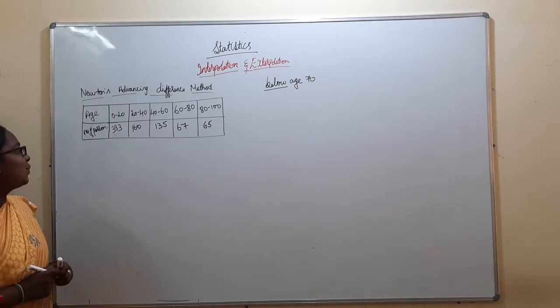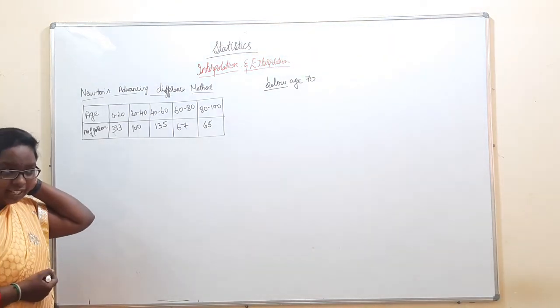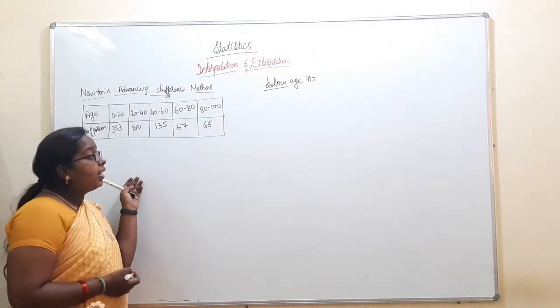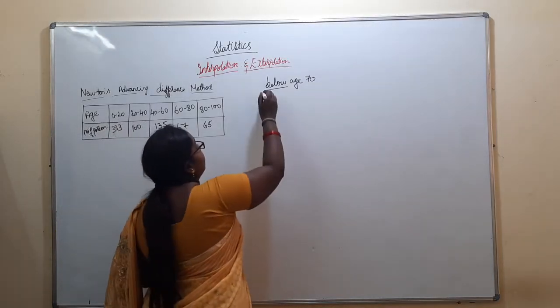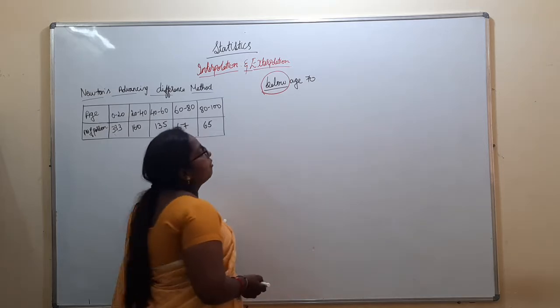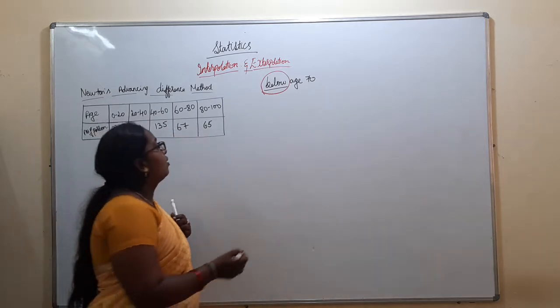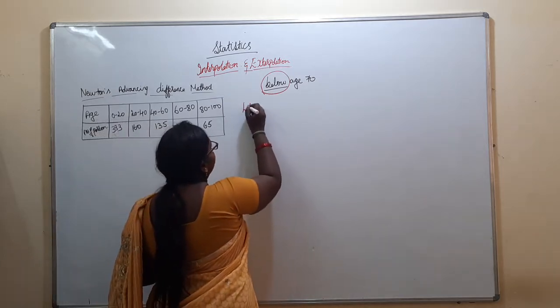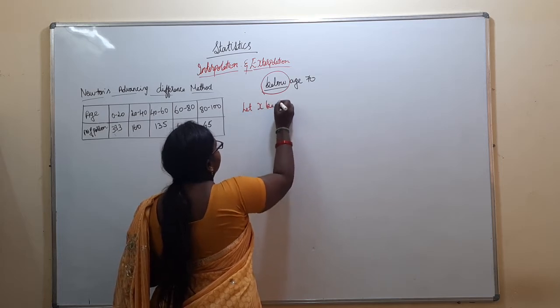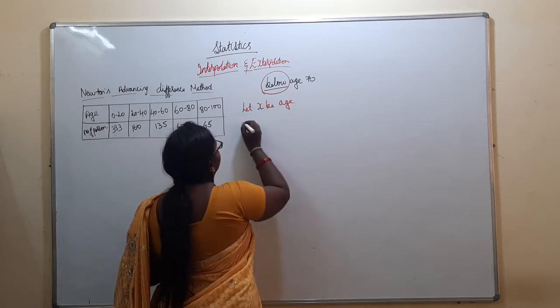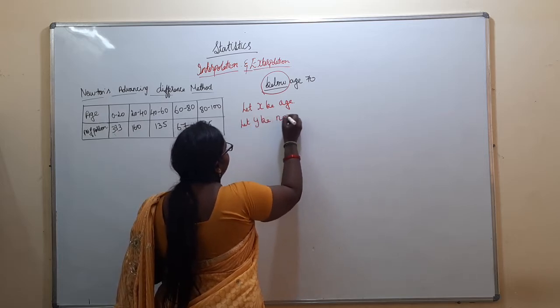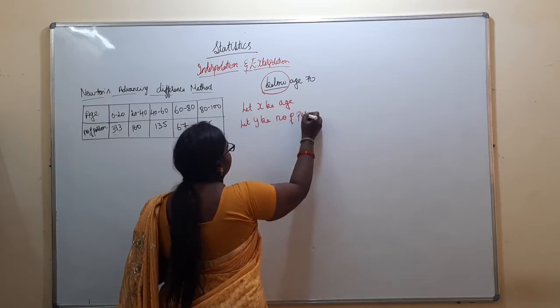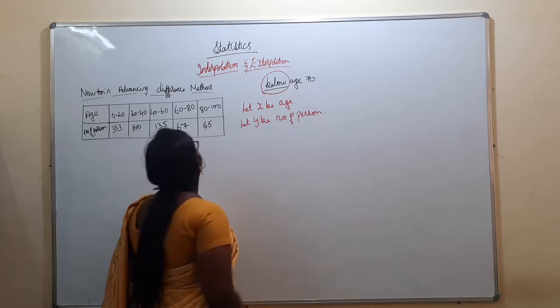My x is two variables, my y is single variable. I need to convert my x two variables into single variable by using the word below. So let x be age and let y be number of persons.